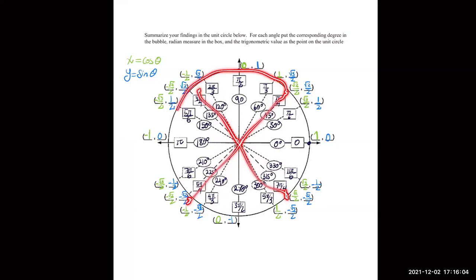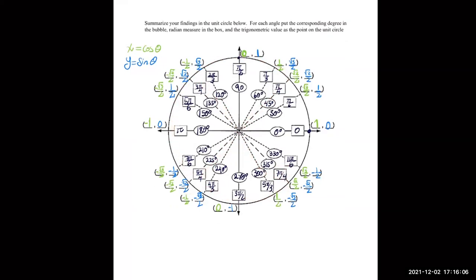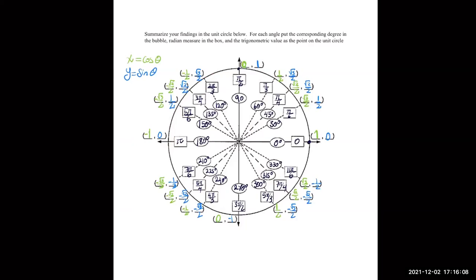Again, we measured that way. Going clockwise this way, this is negative pi over 4, negative 3 pi over 4, negative 5 pi over 4, negative 7 pi over 4. So negative 7 pi over 4 and pi over 4 share the same terminal side. They're co-terminal.